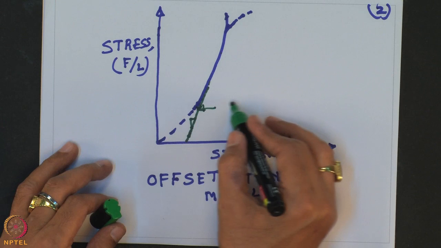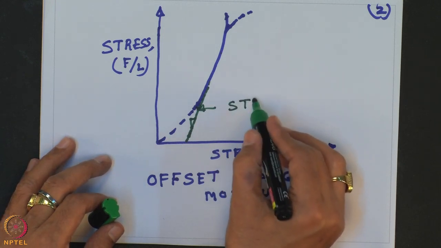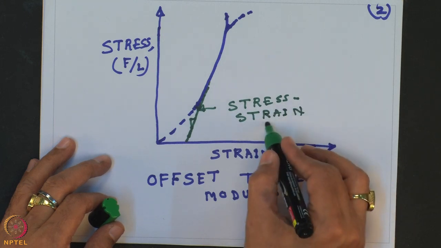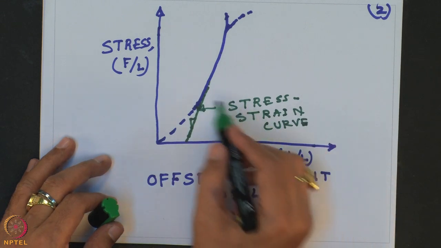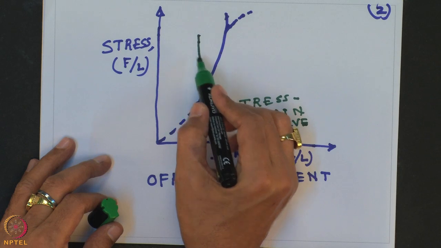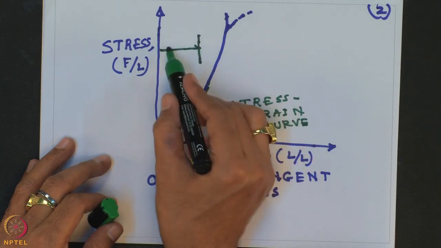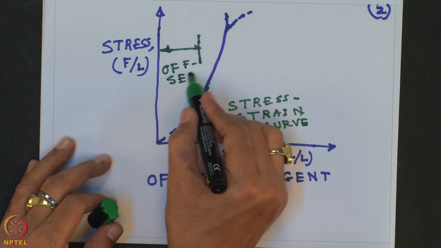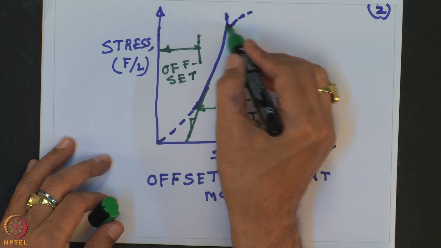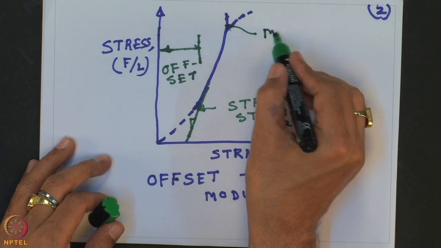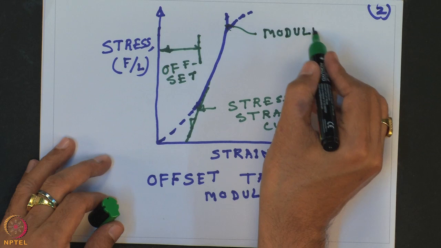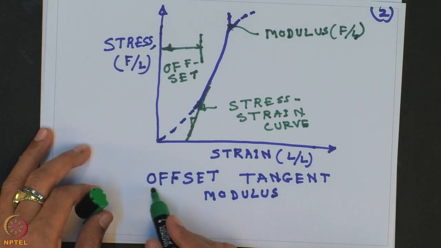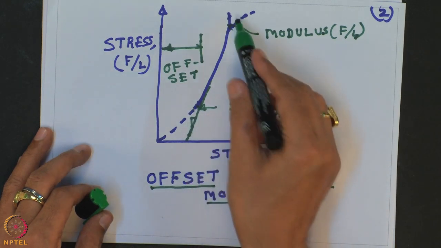This is the stress strain curve, and this part is the offset, this is the offset, and this is the modulus, that is F by L. So, you can determine the offset tangent modulus of a geosynthetic material.